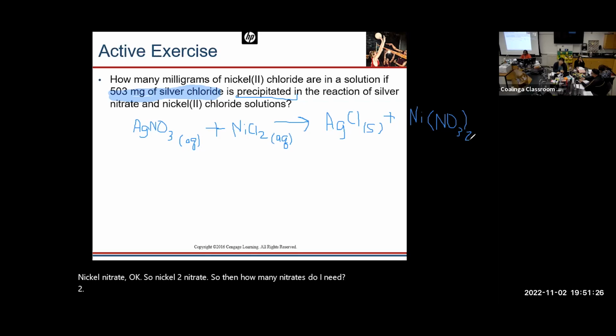Is that going to be a solid, liquid, gas, or aqueous? Aqueous. Is it balanced? Okay, what do I need to do to balance it?